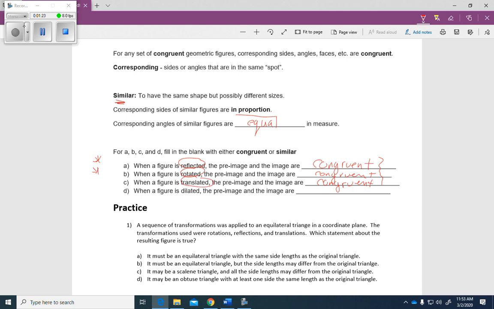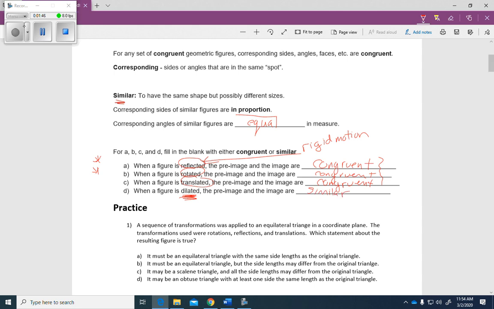And that's how come we call these three transformations rigid motions. The last transformation, a dilation, is not a rigid motion because a dilation creates similar figures.